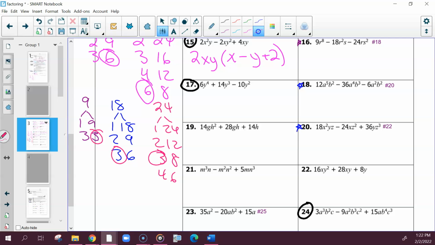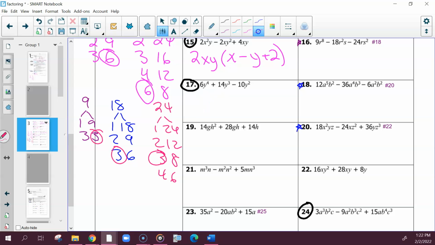Can we take out any variables? Yes, and how many? Y squared. If I divide everything by y squared, sorry, this is the wrong one.